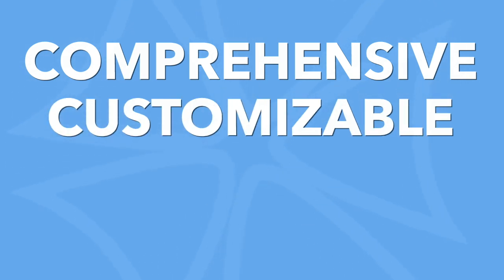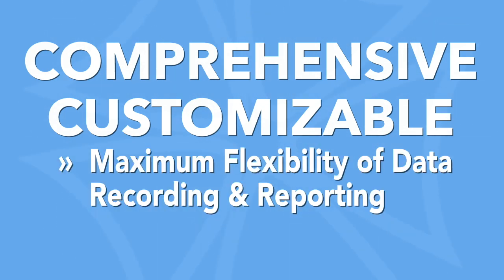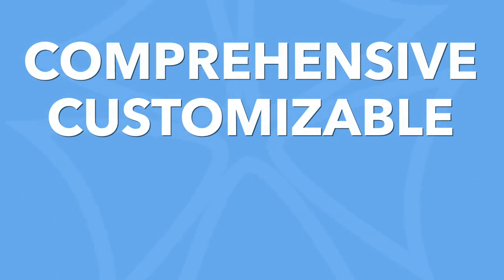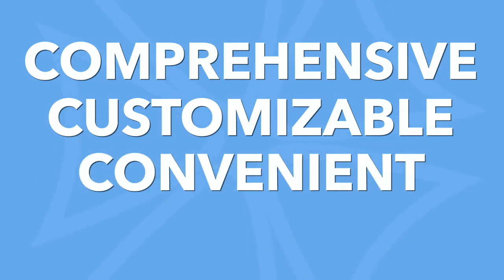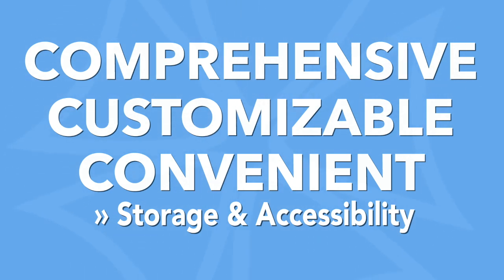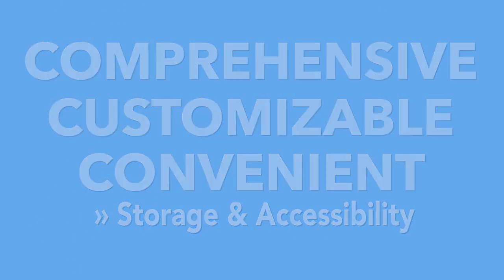Shadow is customizable, so each local is able to see and track precisely what is important to them. It was developed to allow for maximum flexibility of data recording and reporting. Finally, Shadow offers easy and convenient data storage and accessibility. It is both simple to use and maintains all aspects of your local's data in one safe place.